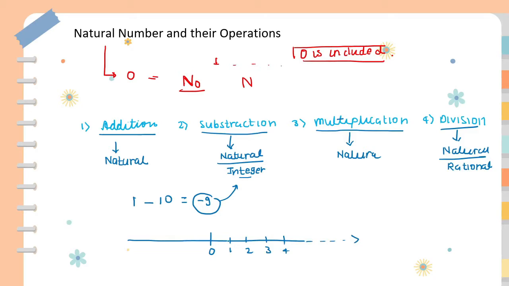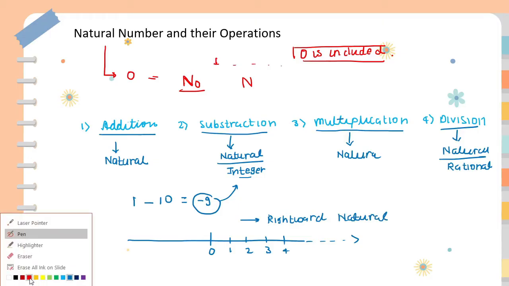On the number line, all the numbers including 0 and to the right of 0, in this direction, are natural numbers.